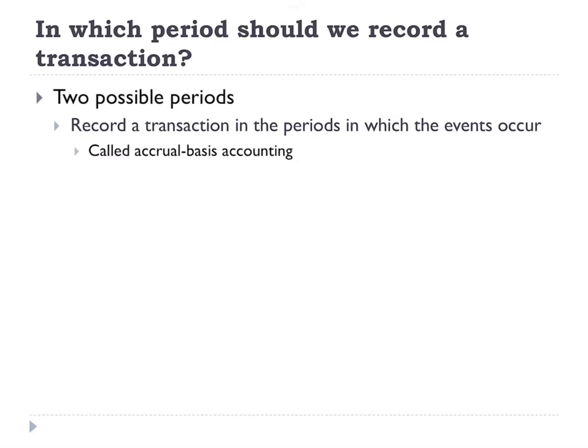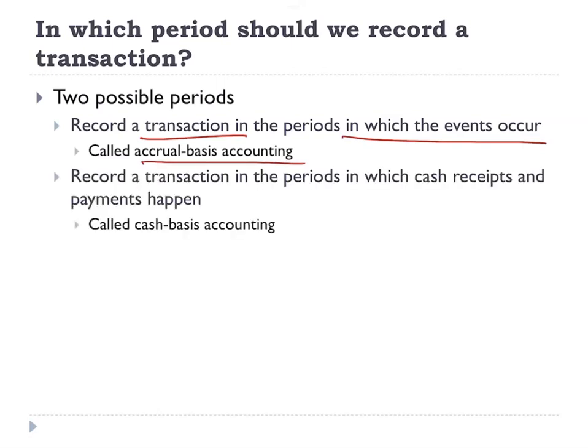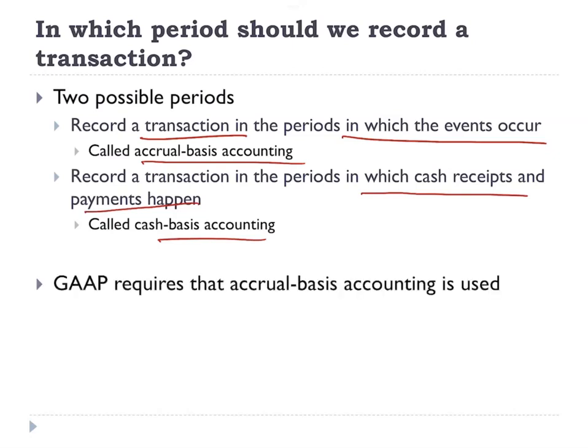We actually have two choices. There are two possible periods. We can either record a transaction in the period in which the event occurred, and this is called accrual-based accounting. Or we can record a transaction in the period in which cash receipt and payment occur, and this is called cash-based accounting. According to the current US GAAP, generally accepted accounting principles, we need to use accrual-based accounting.